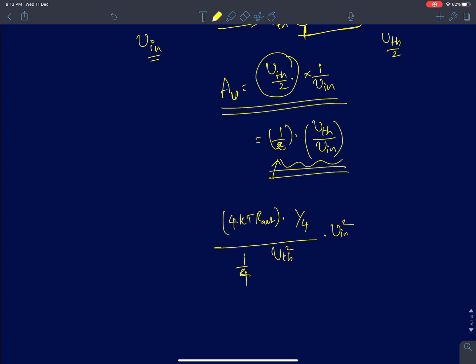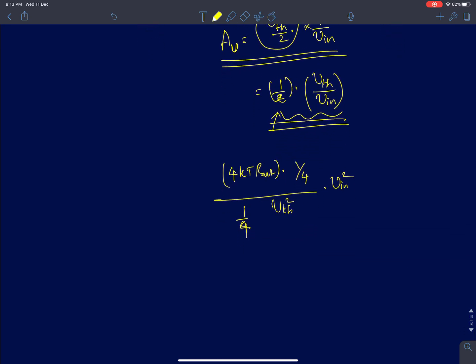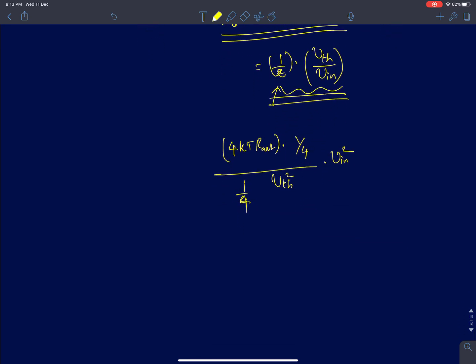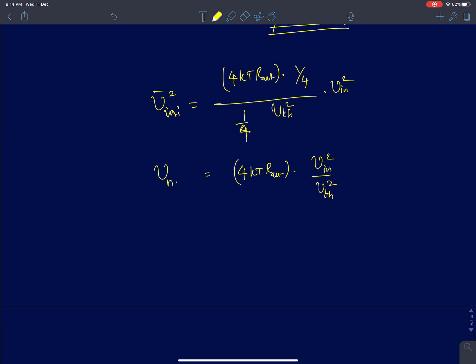So I get this result. Now this is your input referred noise, V_NI squared of this filter. That result is simply going to be 4kT R_out into V_in squared by V_TH squared. This is your V_NI squared.